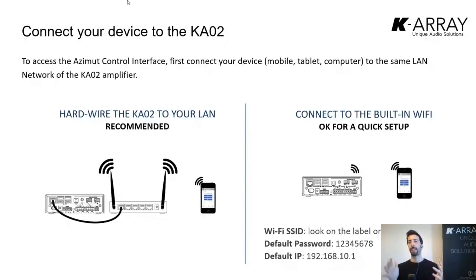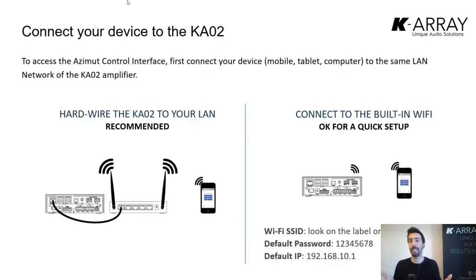But think about the stability of this connection. I mean, you are taking advantage of a small antenna inside the amp. Don't expect this connection to stay stable forever and in any place of your home, etc., right? This is okay for a quick setup. And also, of course, you don't have internet access if you are using directly the Wi-Fi generated by the amp.